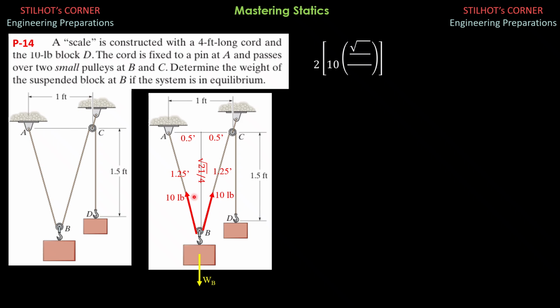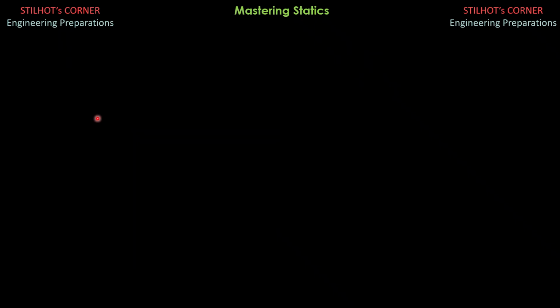So 2 times 10 times square root of 21 over 4 divided by hypotenuse 1.25. So that's 10 cosine of this angle, and equals WB. So WB is equal to 18.33 pounds.